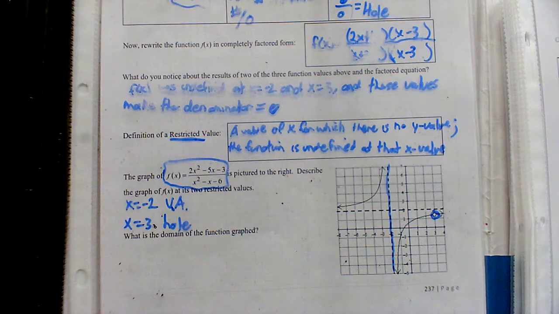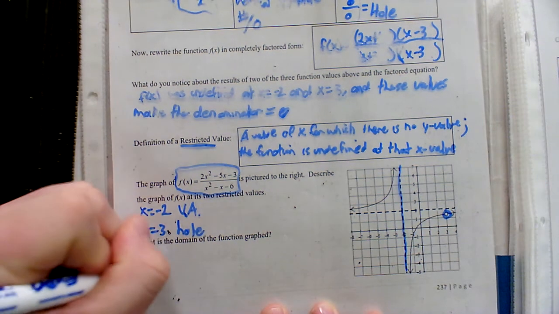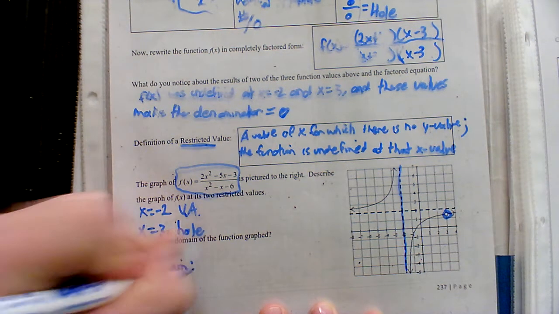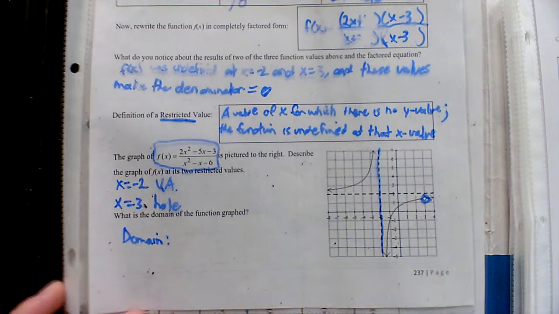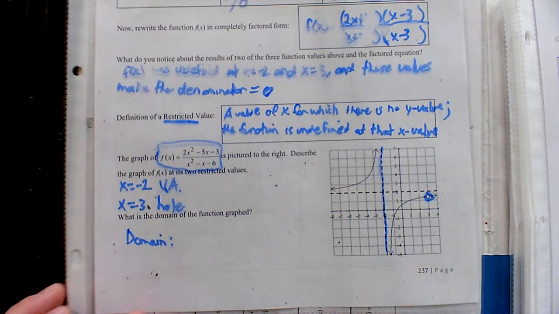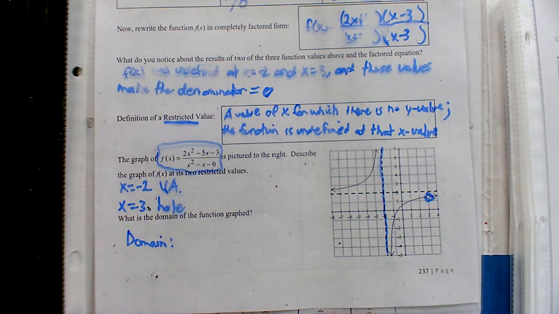So now when you think of those restricted values, they're going to ask for domain of your function. But remember, you're restricted. You have values that don't work within your domain. So now when they ask for the domain, we need the intervals of your domain. But think about your restricted values. So what would the domain of this function be? Remember, domain, x values.